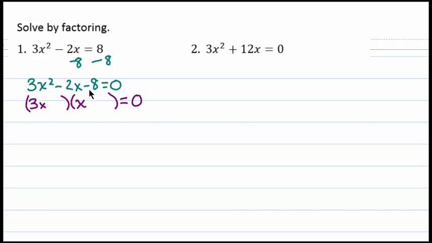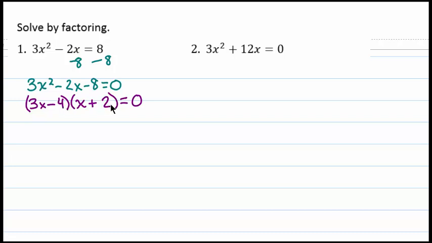I go to my last term to figure out my signs. Since this product is negative, I know that one has to be positive and one has to be negative. And the first factors of 8 that I think of are 4 and 2. So I'm going to place a 4 here and a 2 here.